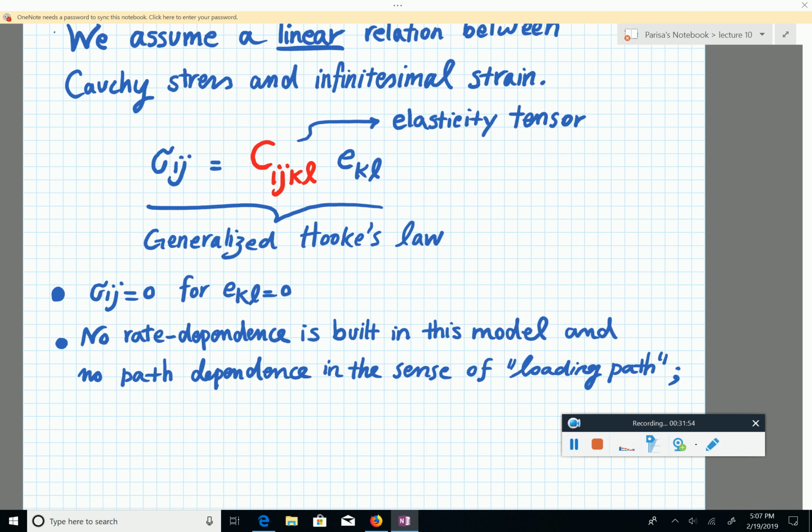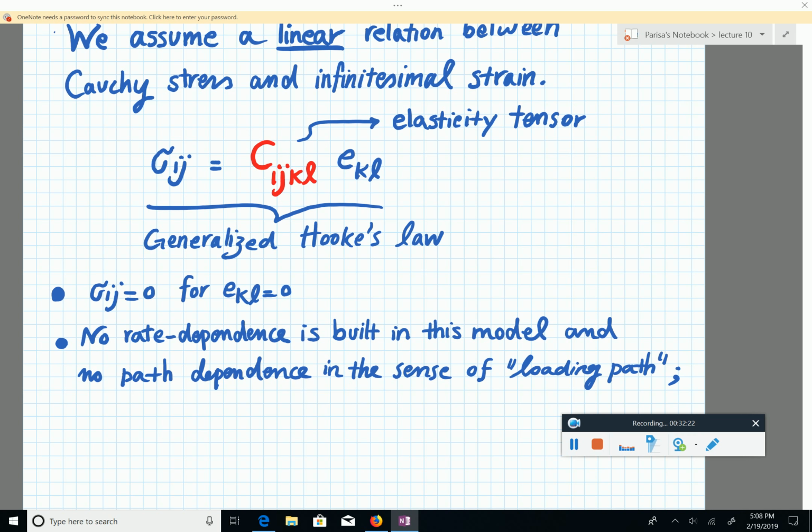Is it clear when I say loading path? Have you heard of hysteresis? What does that say? I mean, if you have loading and unloading multiple times, the behavior. Exactly, you have hysteresis. So in this model, none of that. If you have a material which has a strong path dependence, you cannot use this kind of model.